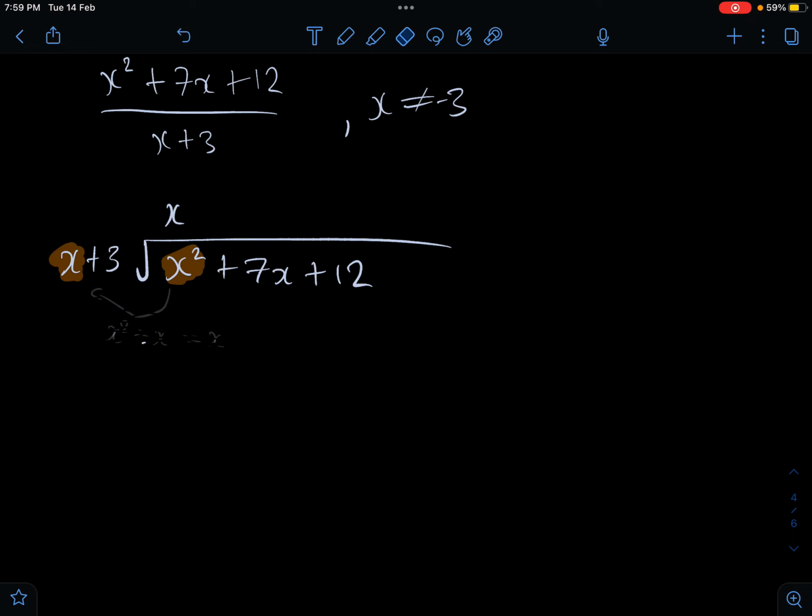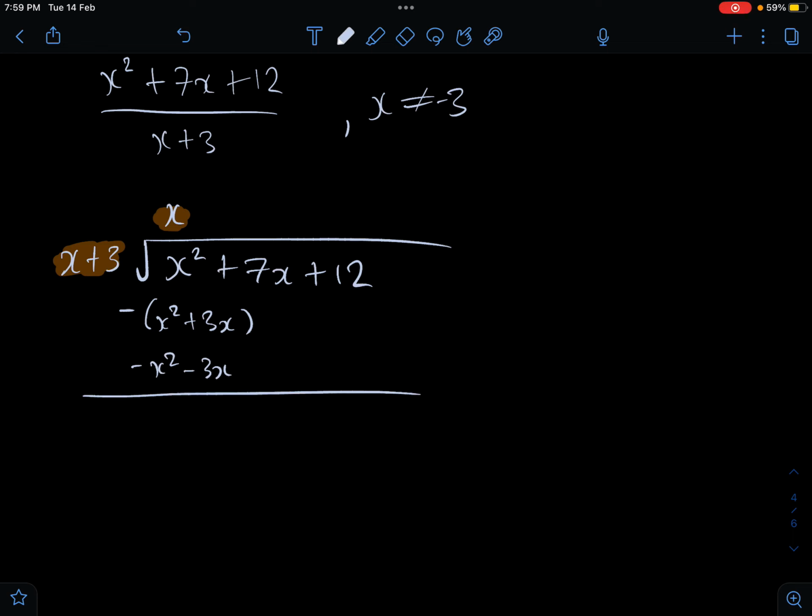Erase all this up, clean it up nicely. And now we're going to look at these two and subtract the product of the two. So x squared plus 3x, multiplying them together, negative x squared minus 3x, and we're going to add this to all of this.